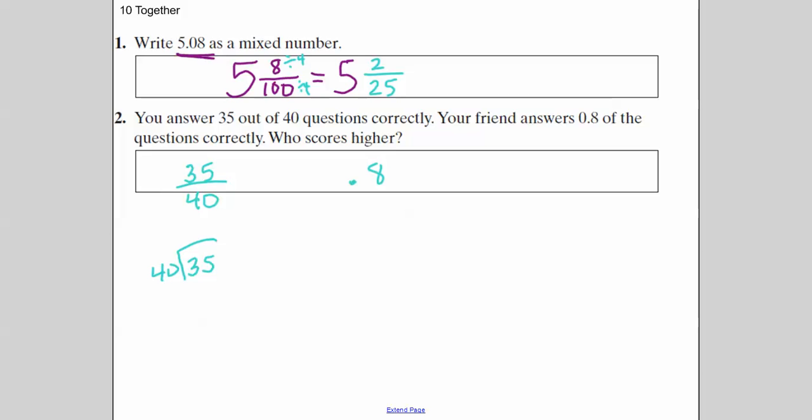All right, let's see how we did on this problem. How many times does 40 go into 350? I think that's going to end up being 8, and that's going to be 320.